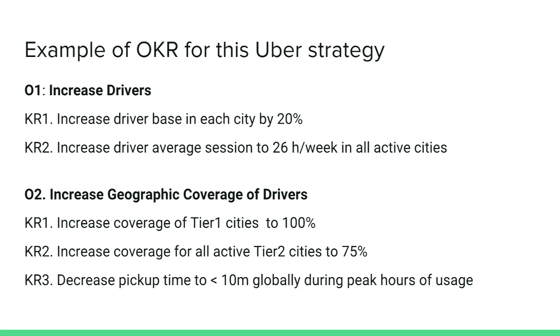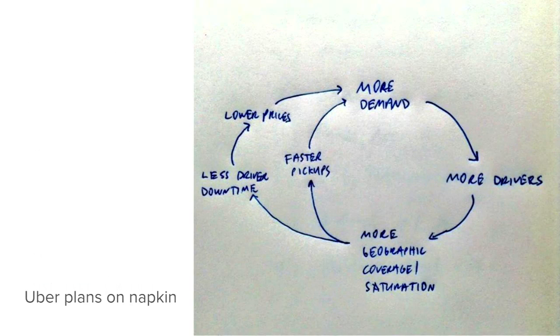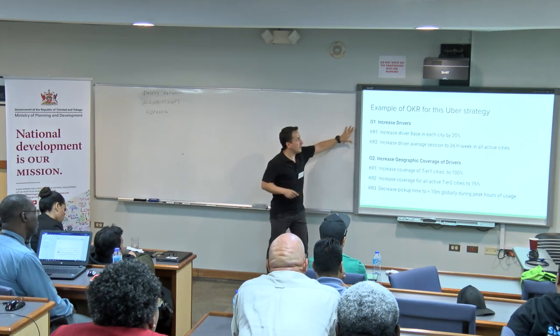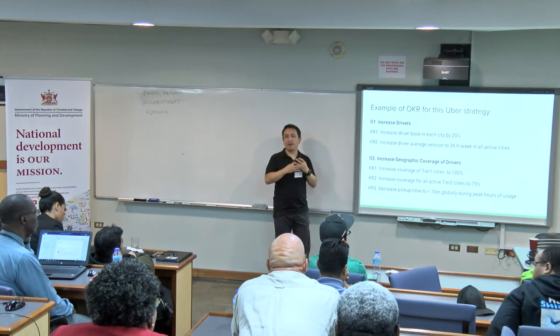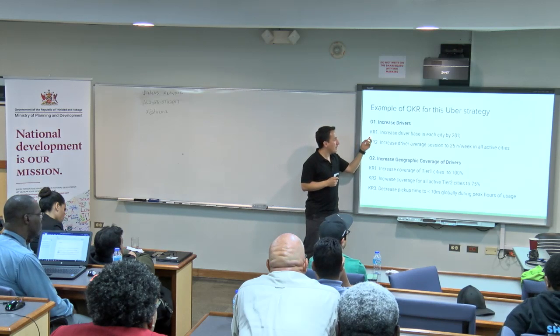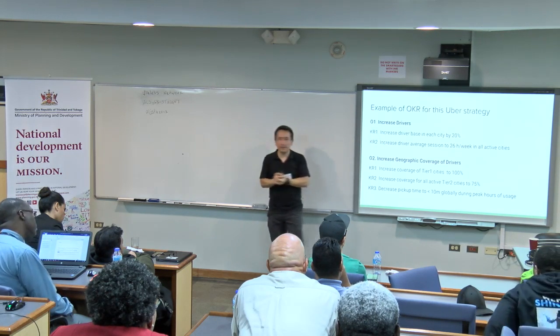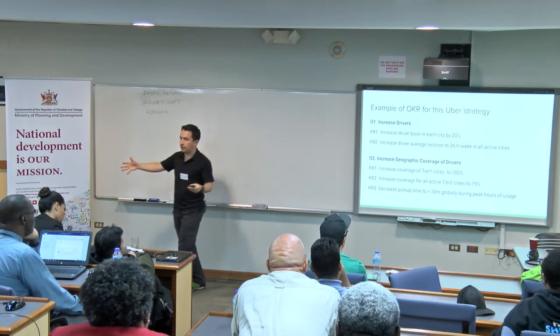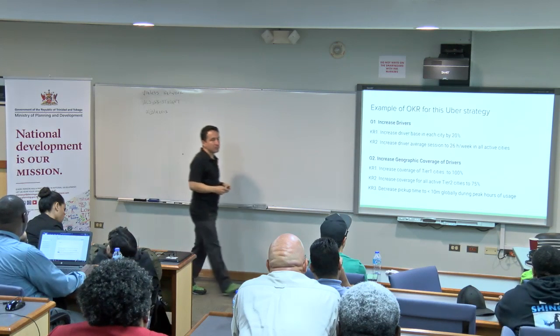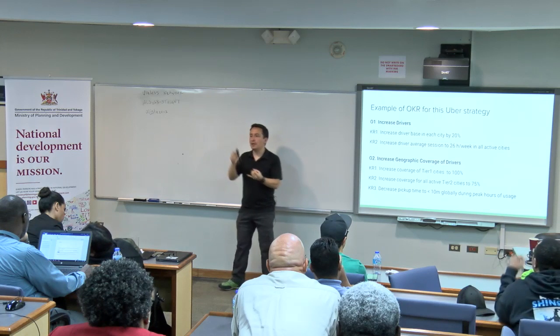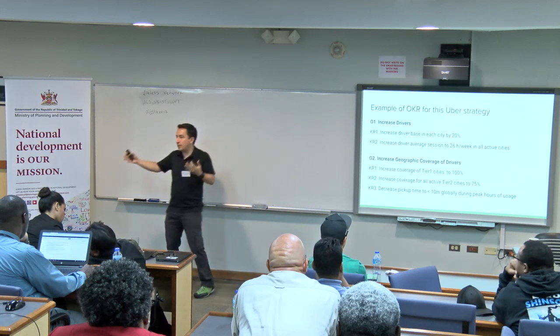Using that example, the first OKR that I can think of is, if I want to increase the drivers, more drivers. If I want to increase the drivers, me as the founder of Uber, probably the first key result is I want to increase the driver base in each of the cities that we have Uber by 20%. That's totally doable. We can measure. We know how many we have now.